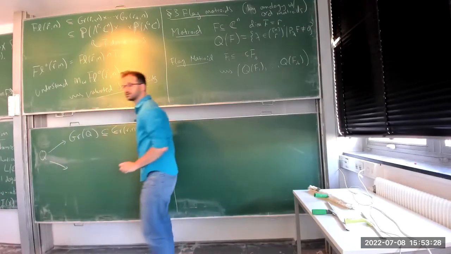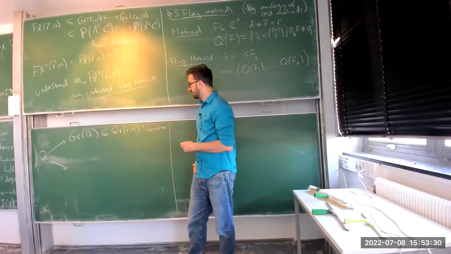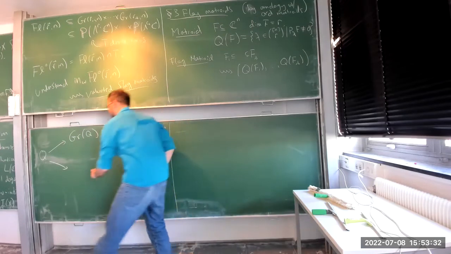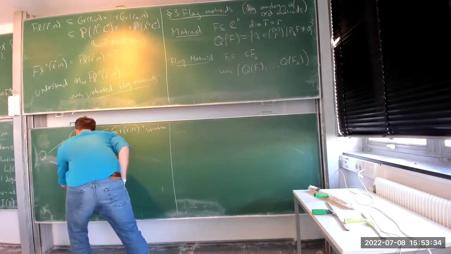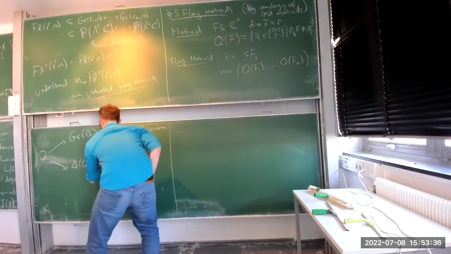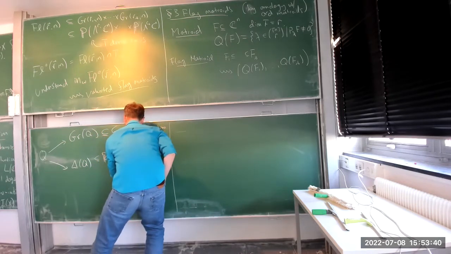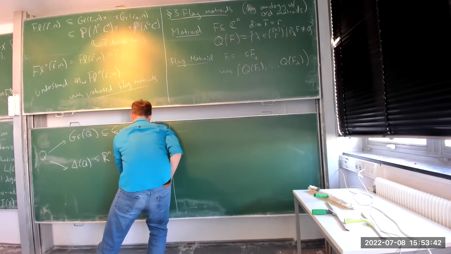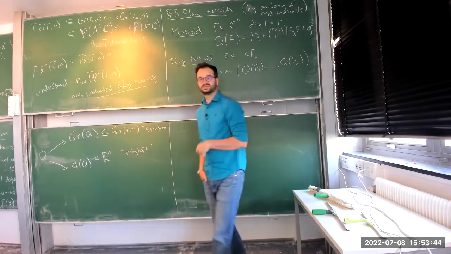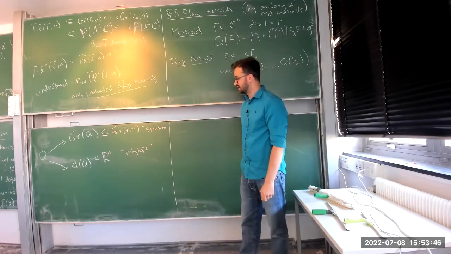At the other end, you can associate what's called the matroid polytope to Q. This is some polytope in R to the n.